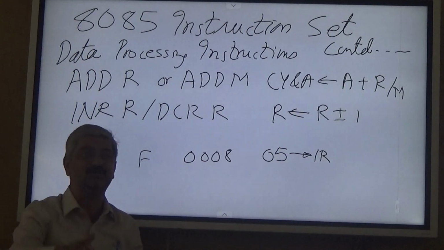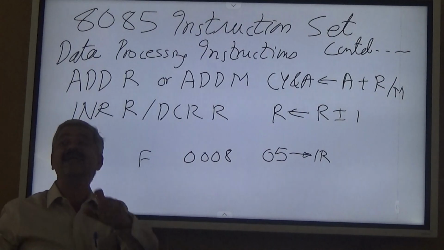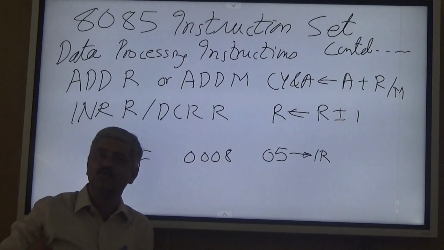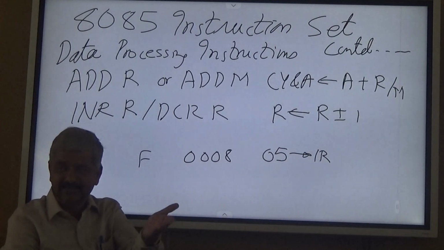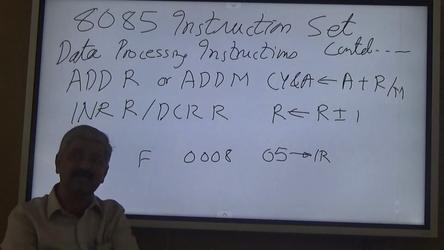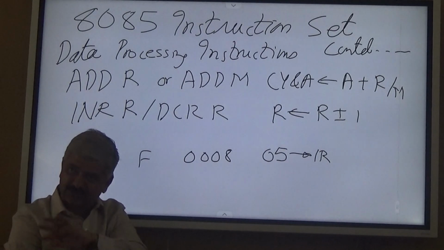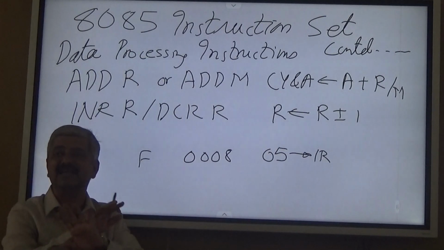The first conclusion which you must get instantly is what is the length of the instruction. So 05 is how many byte instruction? 1 byte instruction. What is the instruction for? Decrementing register B. Where is register B? Inside processor. Where is it to be stored again? Inside processor. So it does not require any external cycle.